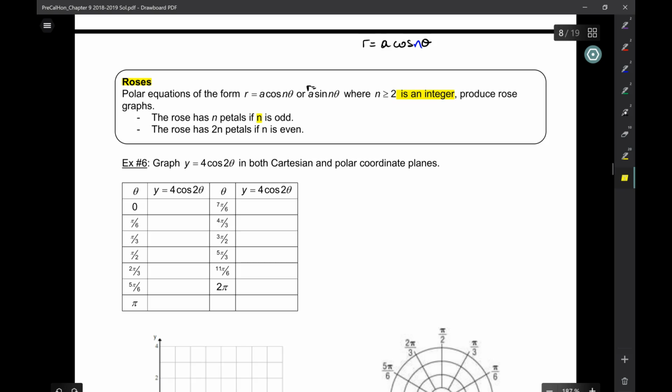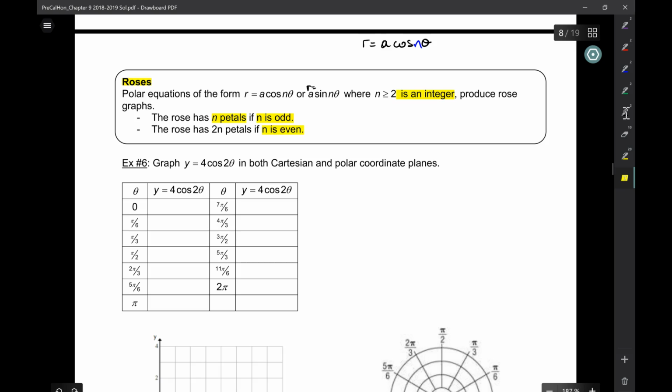Now, roses have petals. If n, this number here, is odd, then there are n petals. So if it's sine 3 theta, 3 petals, sine 7 theta, 7 petals.